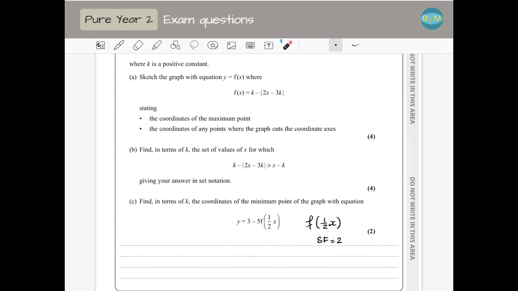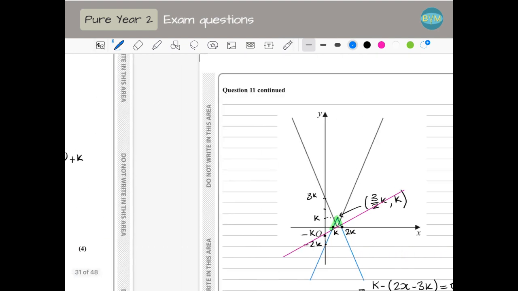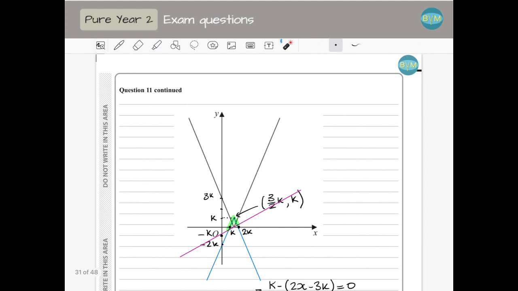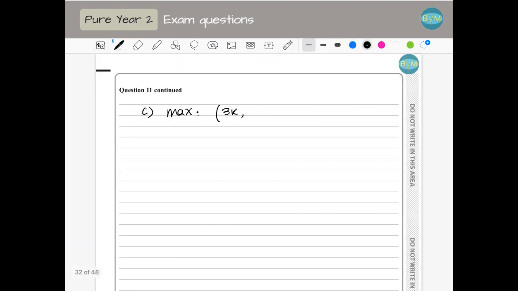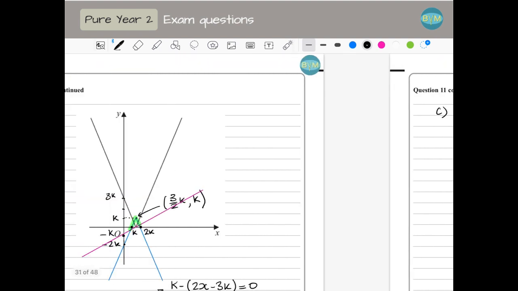And I say k because the f of the maximum, so the y of the maximum, is k. We have it here, is k. So my y of the maximum is 3 minus 5k. And those are my coordinates of the maximum. And that's all with this exam question.